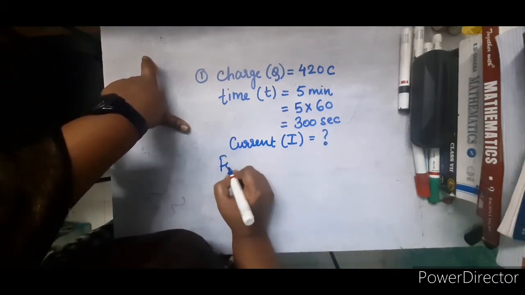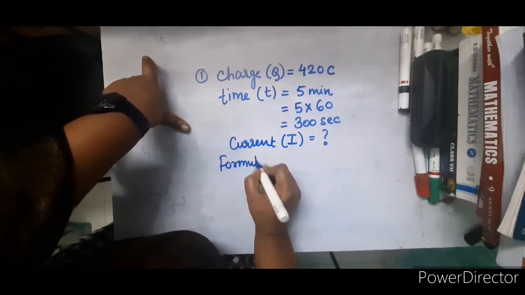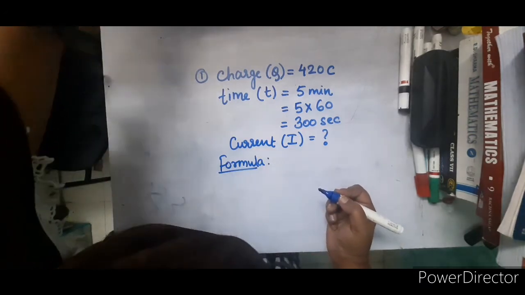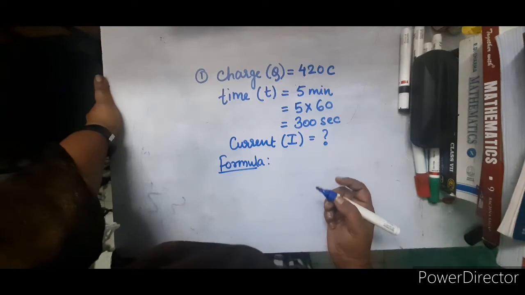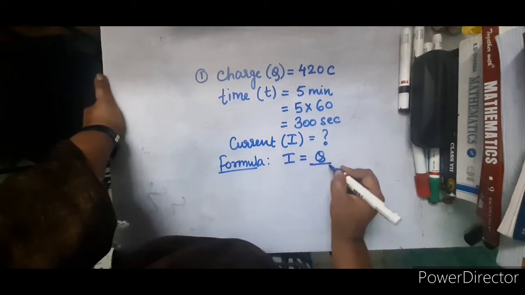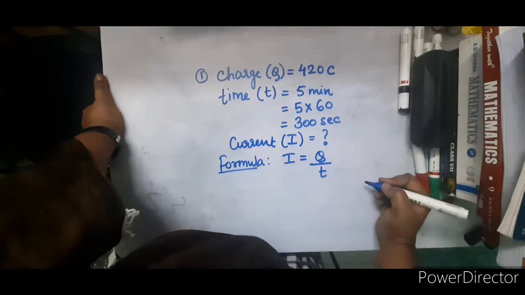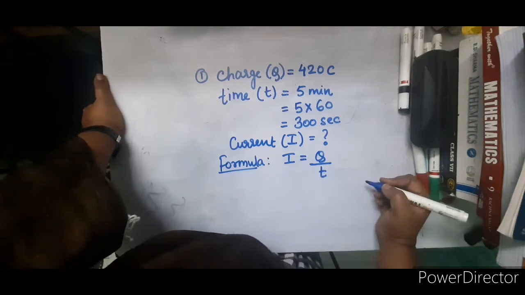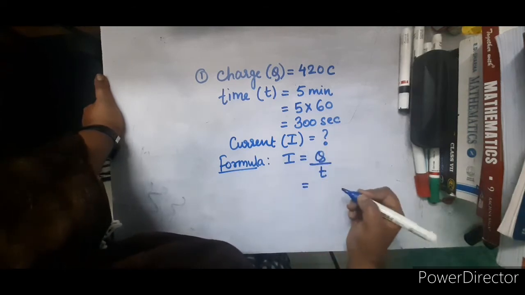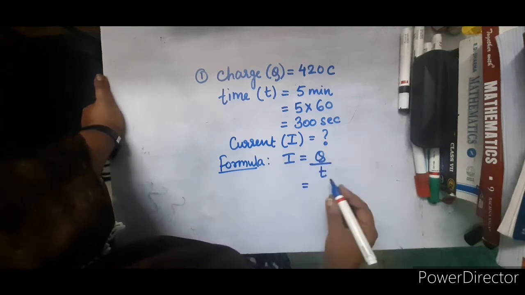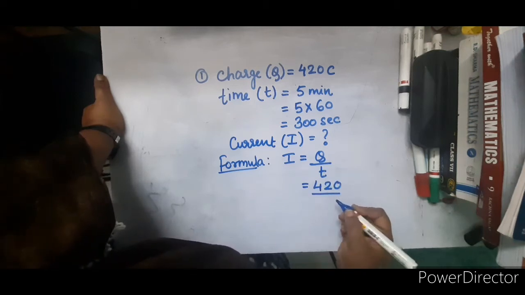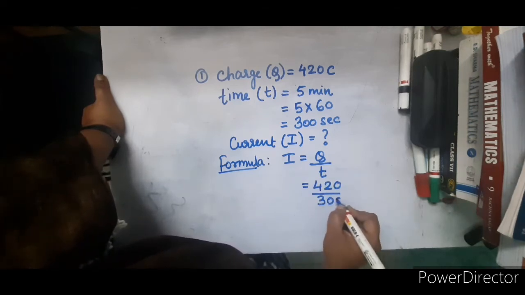Now the formula we are going to use to solve this is I is equal to Q upon T. Here I is what we have to find, Q is the charge which is given, 420 coulomb, upon time, which is 300.